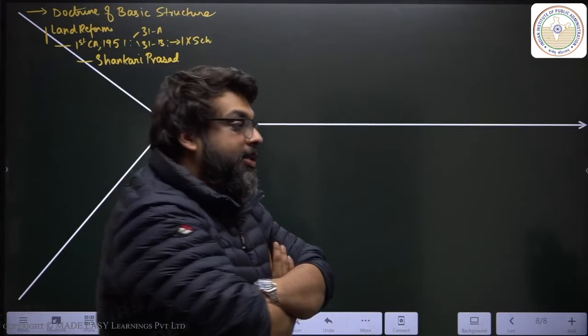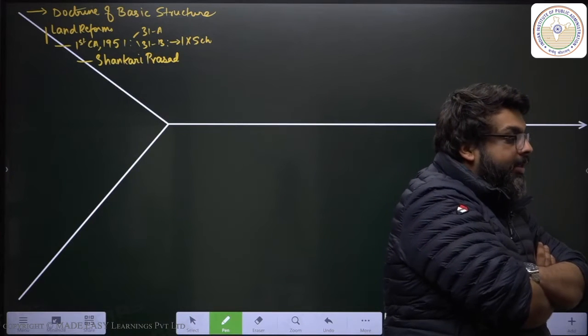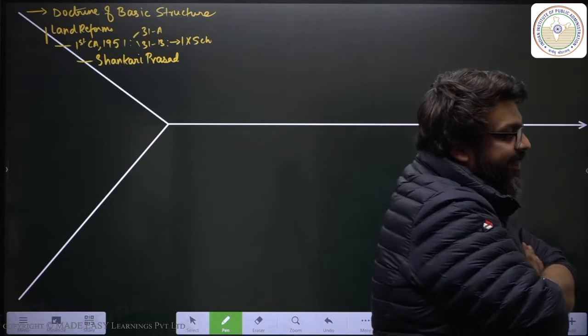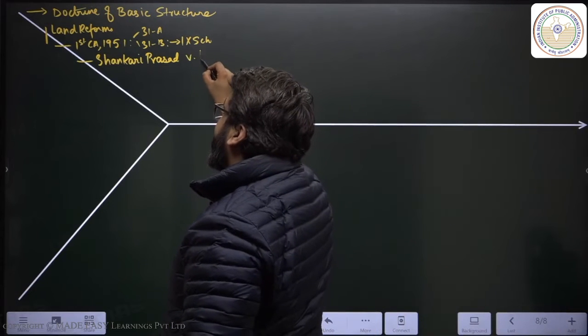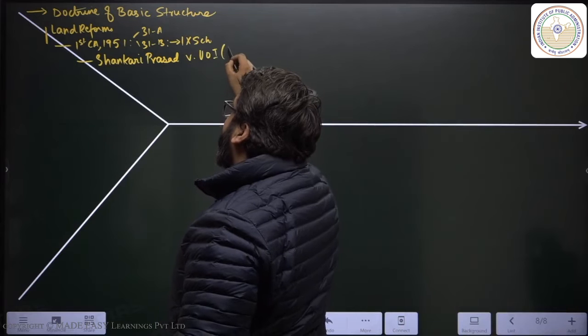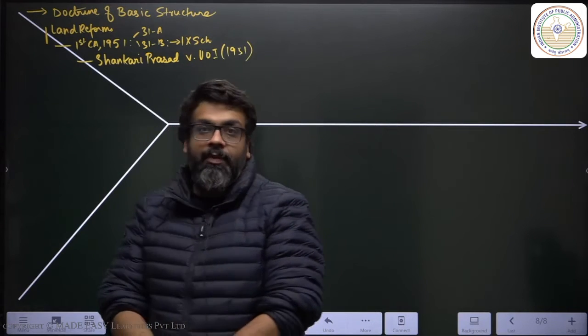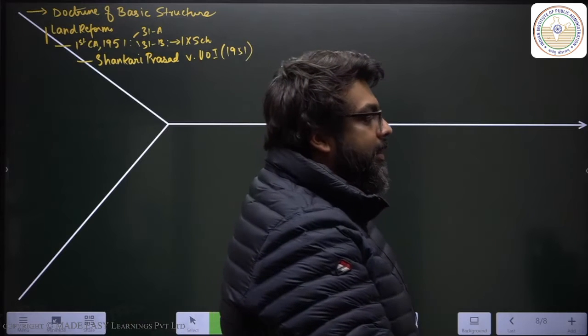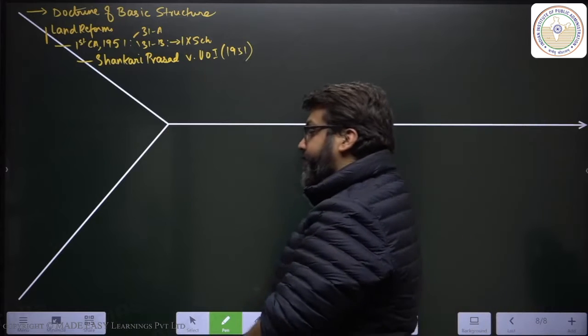I can't challenge what's inside the box, but I can certainly challenge the box." And that is how the Shankari Prasad case versus Union of India came to being in 1951. The first case with respect to the 9th schedule.